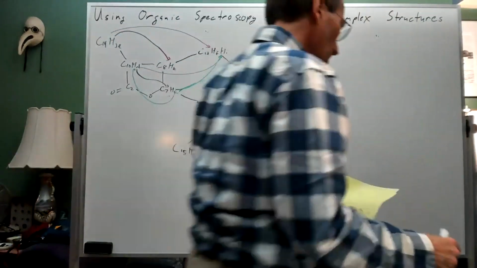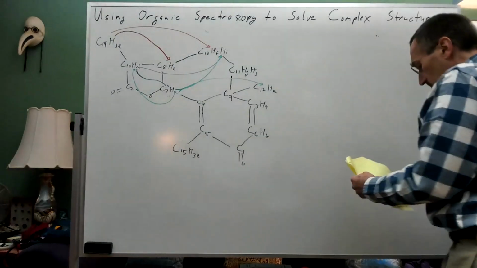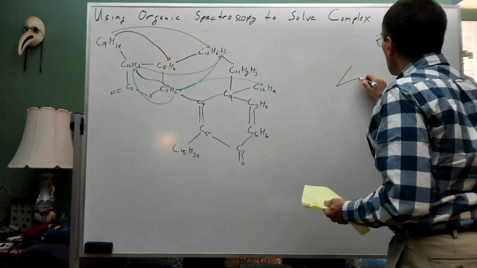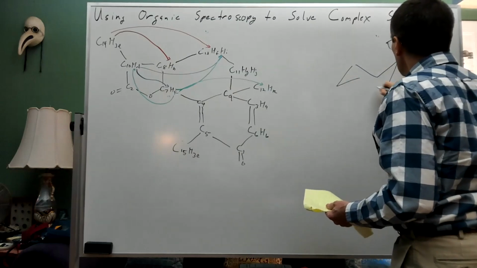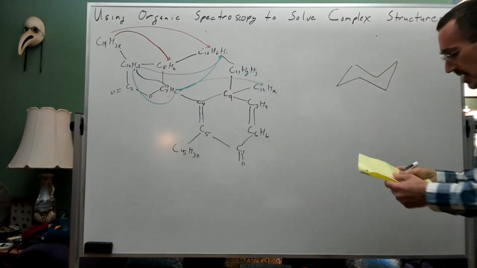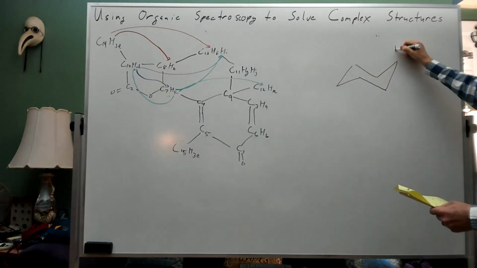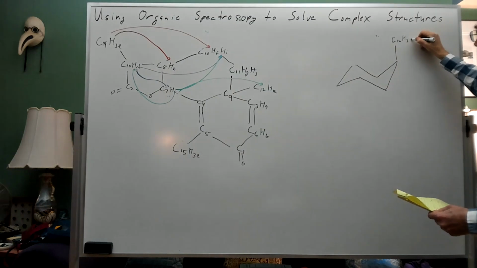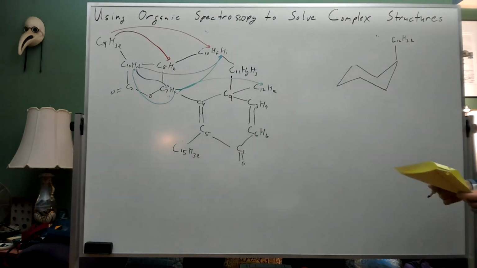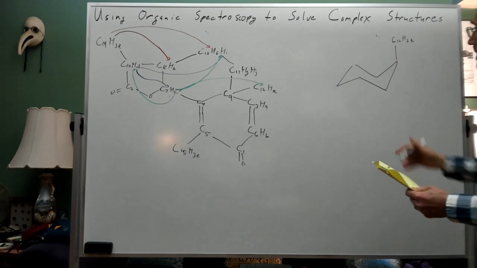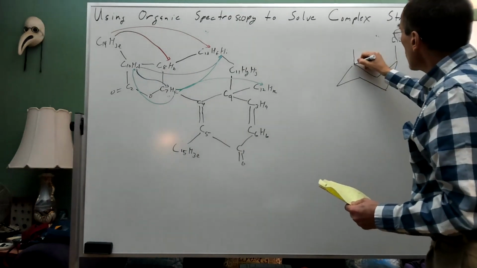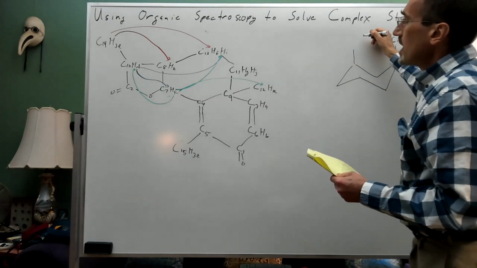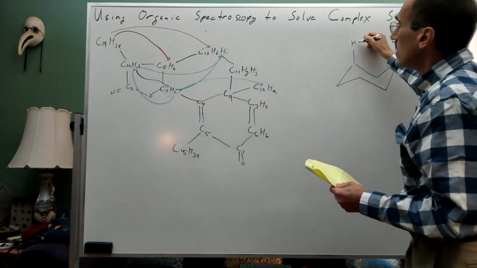So I can imagine if I start with a chair cyclohexane, and let's say I put my C12H3K in the axial position. And then over here, I have my HI.